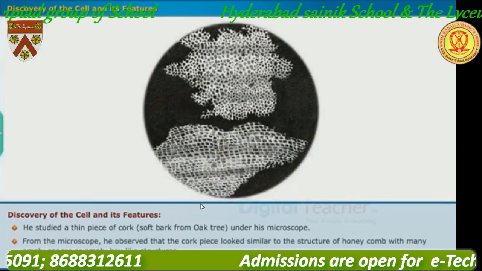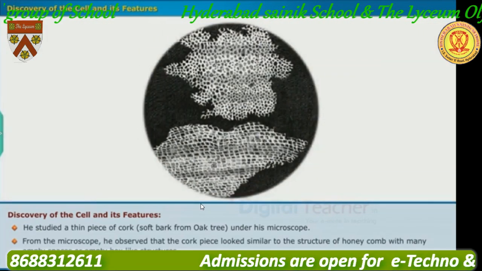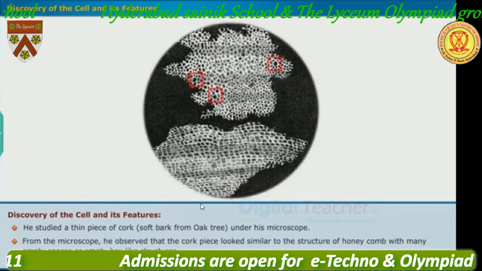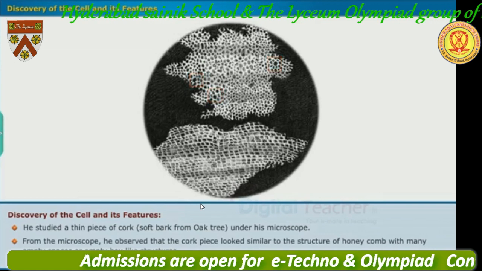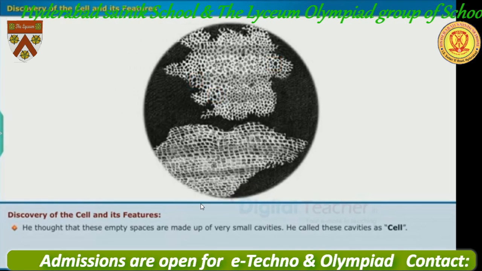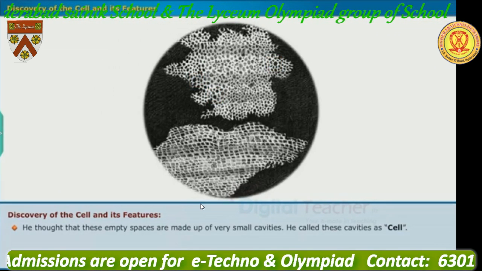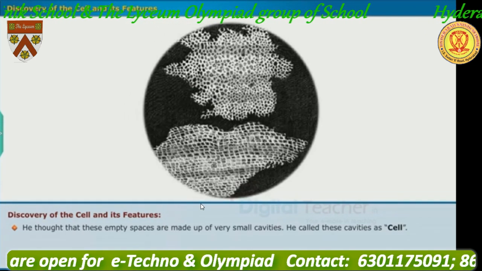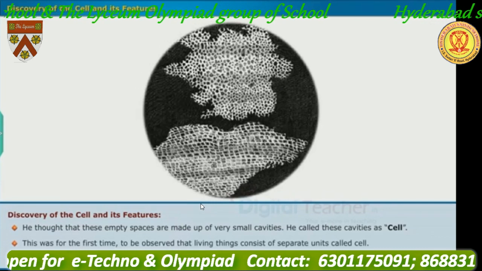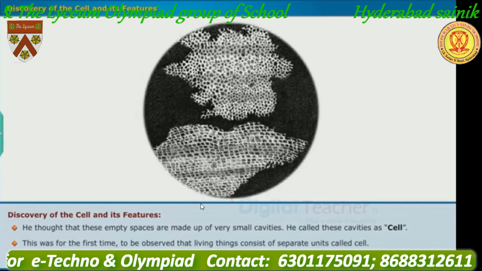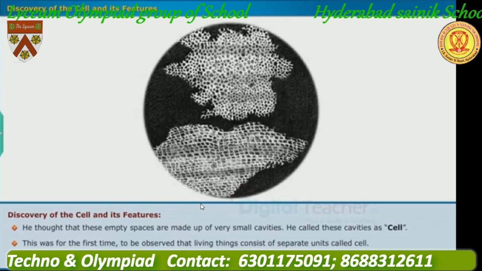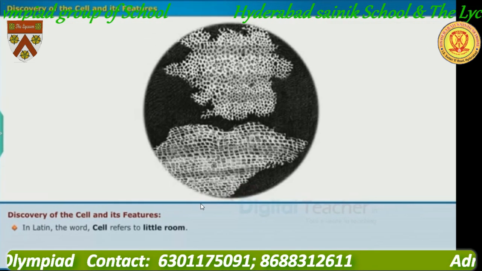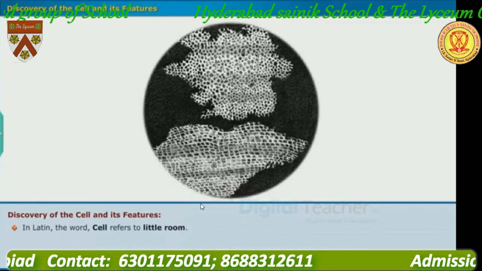He observed that the cork piece looked similar to the structure of honeycomb with many empty spaces or empty box-like structures. He thought that these empty spaces are made up of very small cavities. He called these cavities as cell. This was for the first time to be observed that living things consist of separate units called cell. In Latin, the word cell refers to little room.